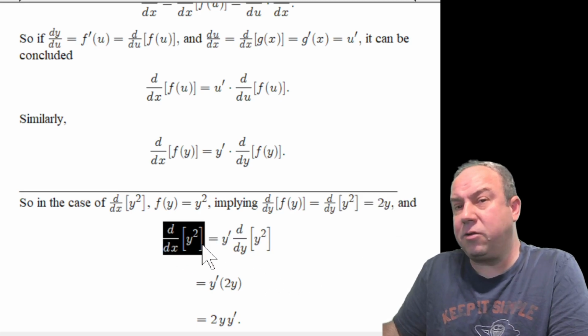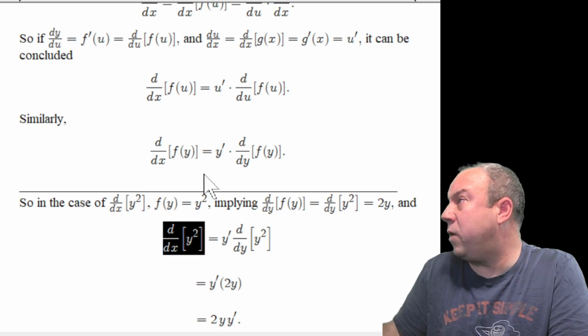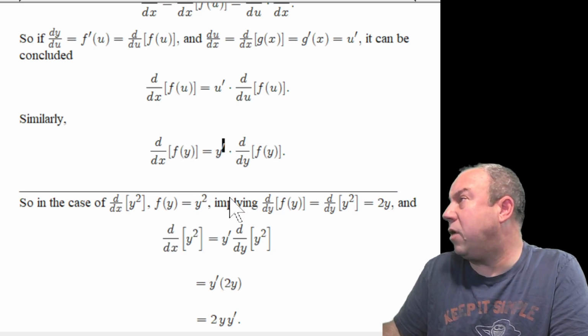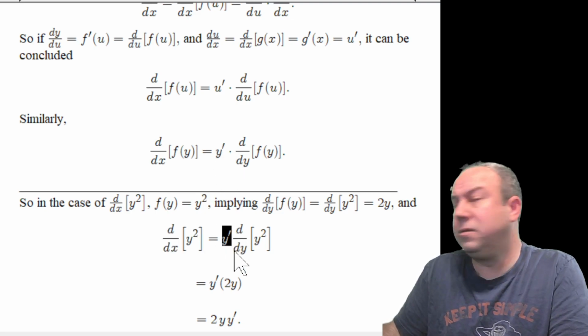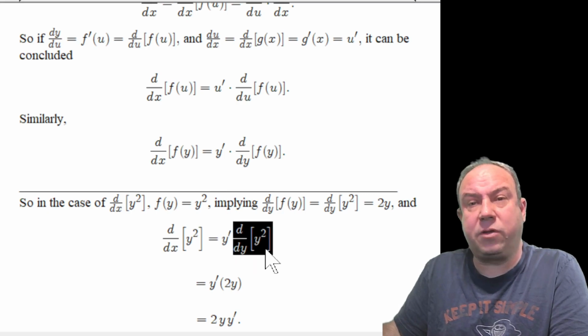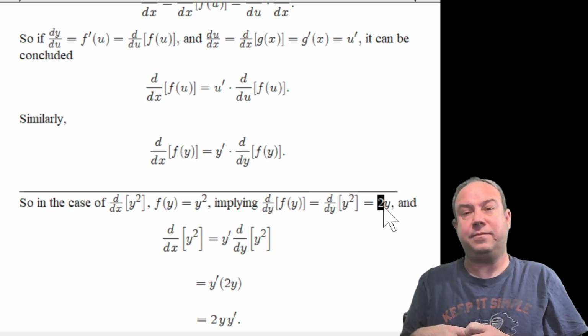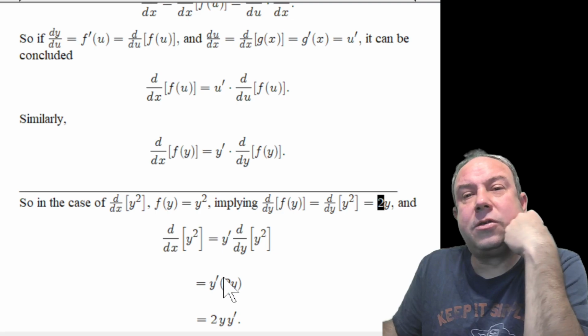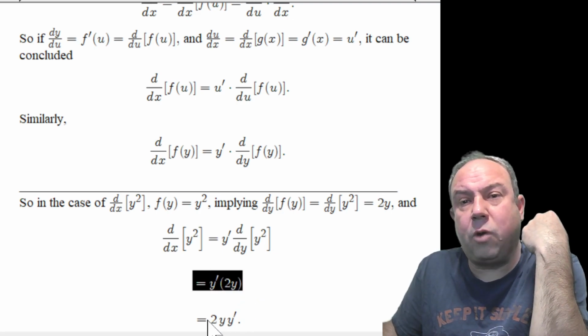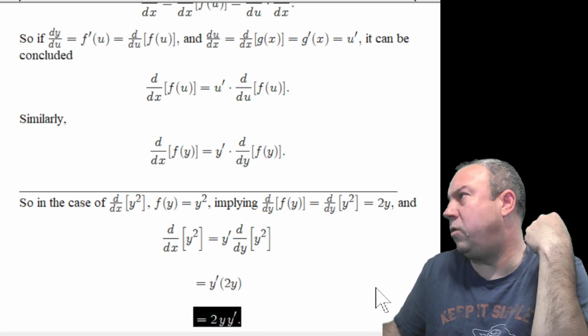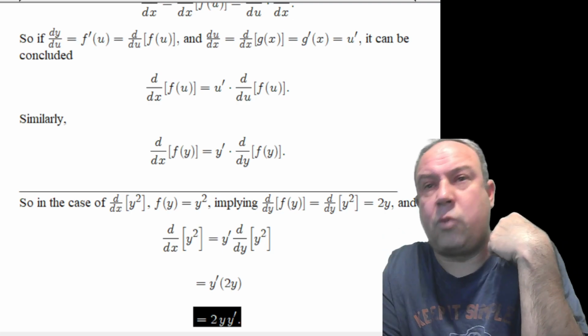And when we think about the derivative with respect to x for y squared, it is going to be y prime times the derivative with respect to y for y squared, which we just identified above as equal to 2y. So this is going to be y prime times 2y, or just the value we note is going to be 2 times y prime.